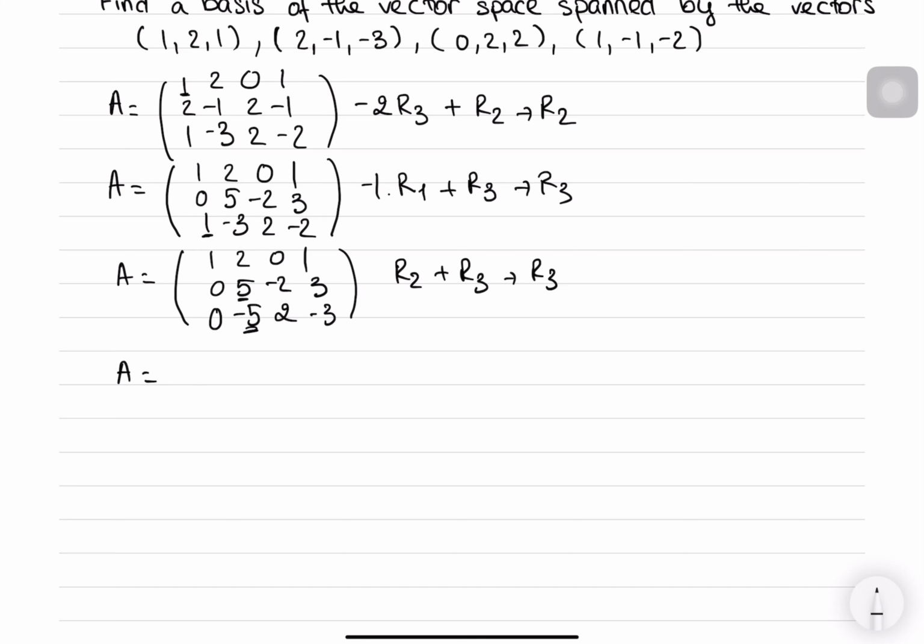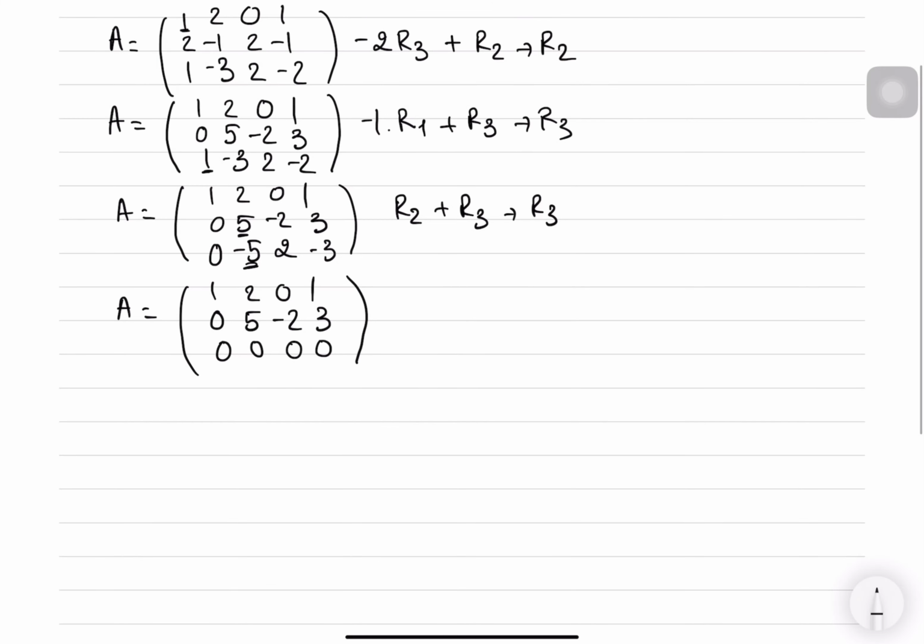Then we have 1, 2, 0, 1, 0, 5, minus 2, 3, and all zeros in the third row. Now we're finished with the second column.